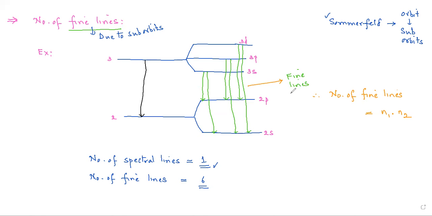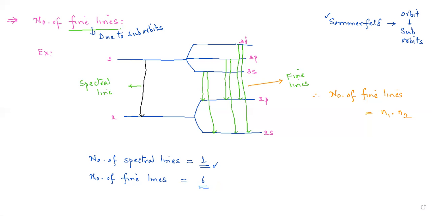Now these fine lines are due to the presence of suborbits. This is the regular spectral line. So when I say the number of spectral lines formed when the electronic de-excitation occurs from third orbit to second orbit, it is just 1. When I say the number of fine lines, it is 6. This is most interesting, right?